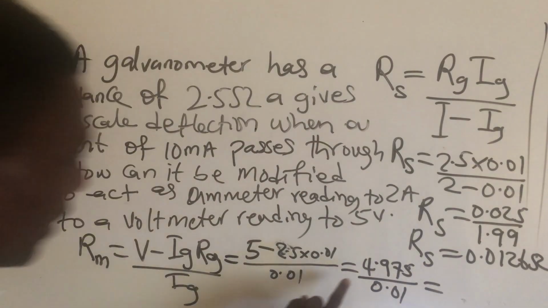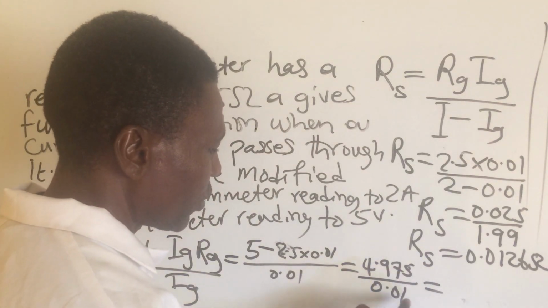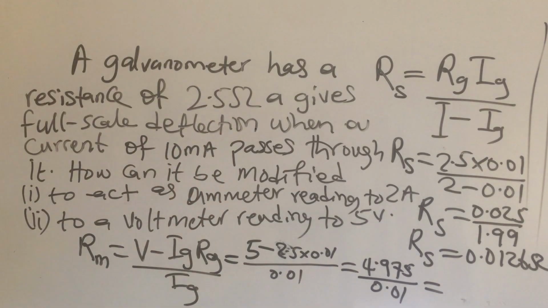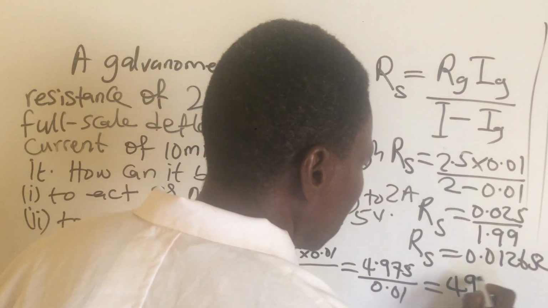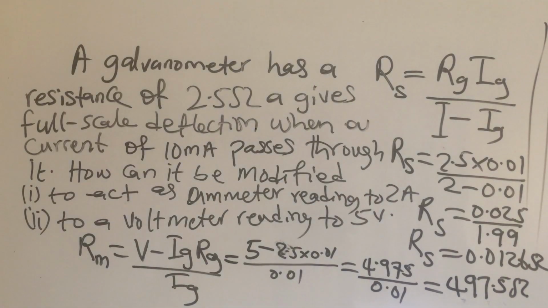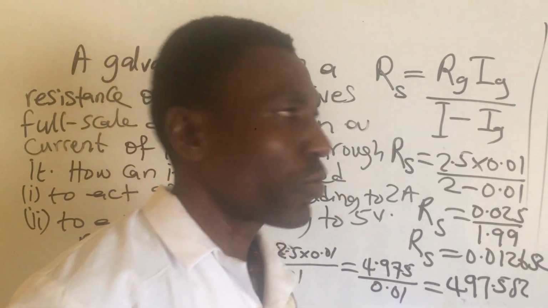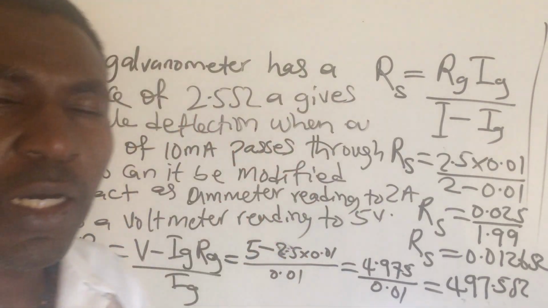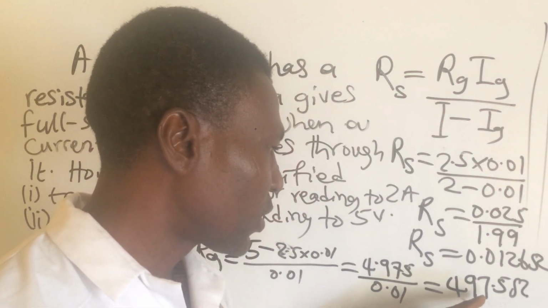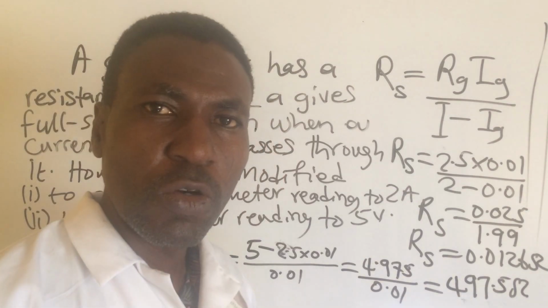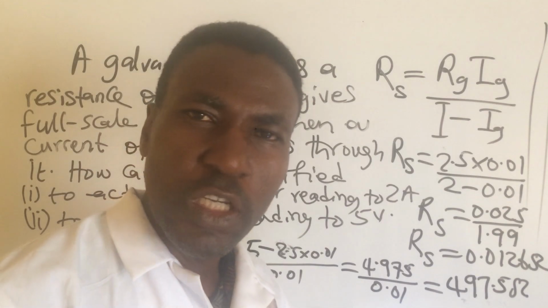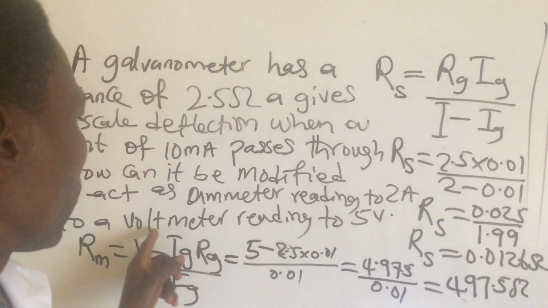When we divide 4.975 by 0.01, using our calculator, we have 497.5 ohms. Can you see it is a very high resistance compared to the resistance of the galvanometer? So if we connect this resistor in series with the galvanometer, we have succeeded in converting it to a voltmeter that will read 5 volts.